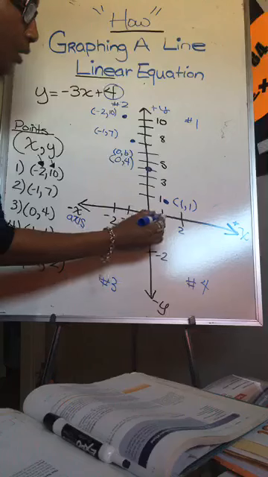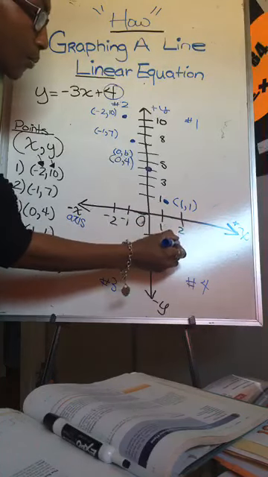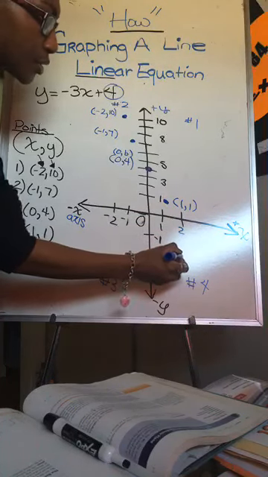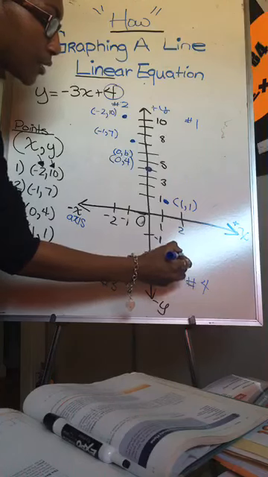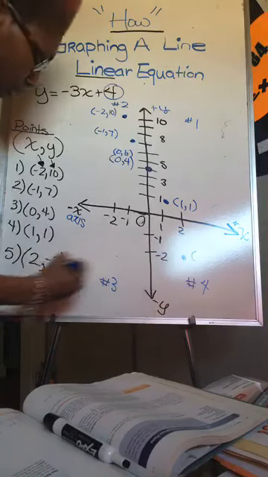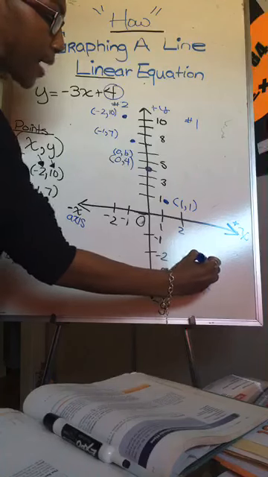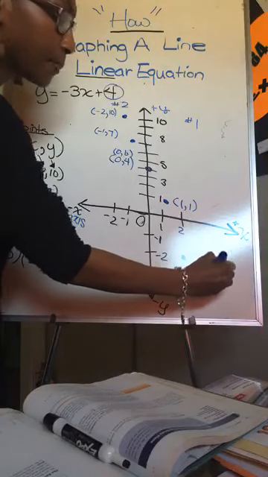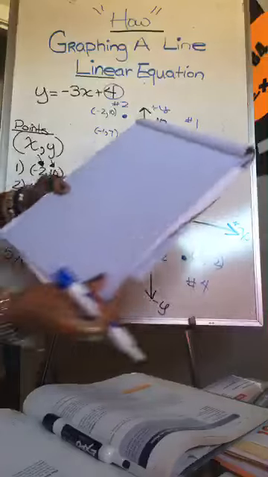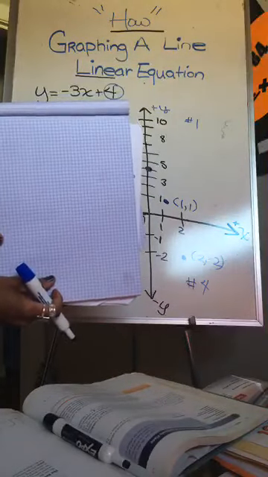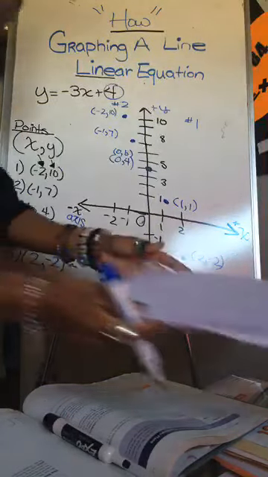So we're going to go over 1, 2, and come down 1, negative 1, negative 2. I'm not perfect on this, but I'm doing the best freehand. But if I had my graph paper here, then it could be almost perfect, okay?